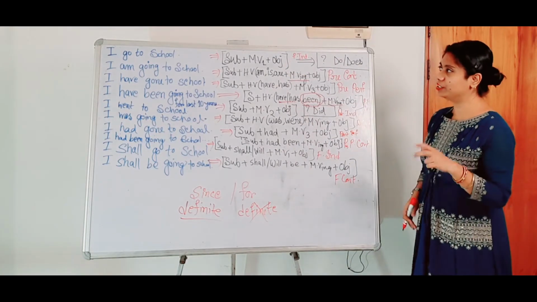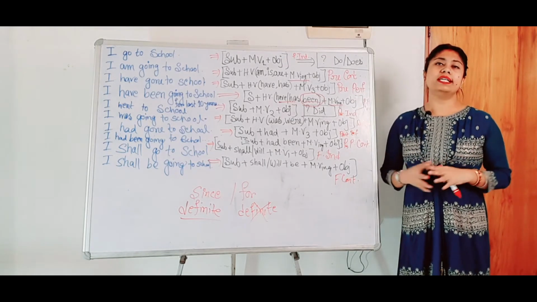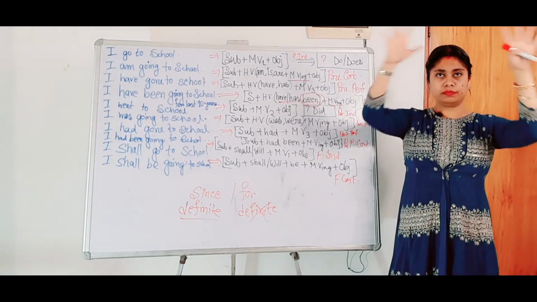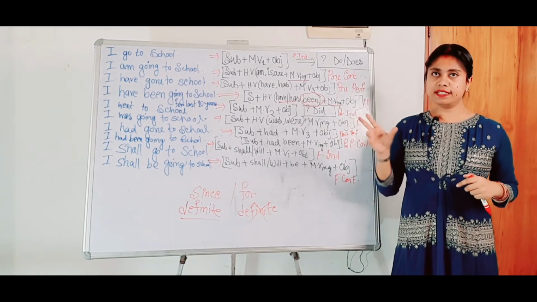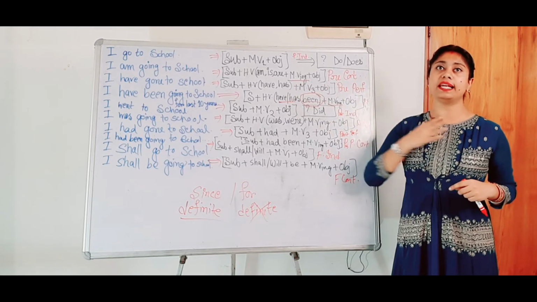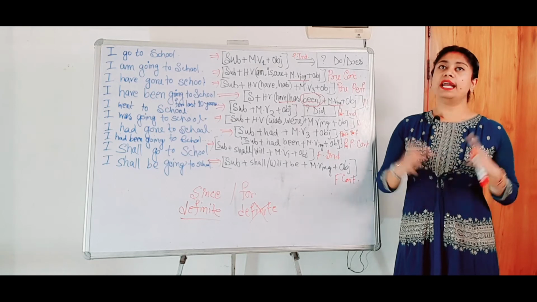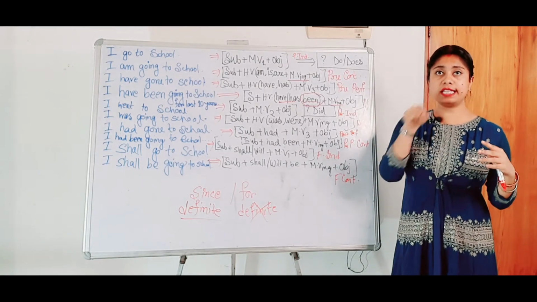One more thing I am going to tell you, for assertive sentences and for interrogative sentences. What is assertive and interrogative? Here I am not going to tell the thing in detail, but in short form I am telling you. Assertive sentence means a statement like I am a girl or I am a woman, okay? And interrogative means question.